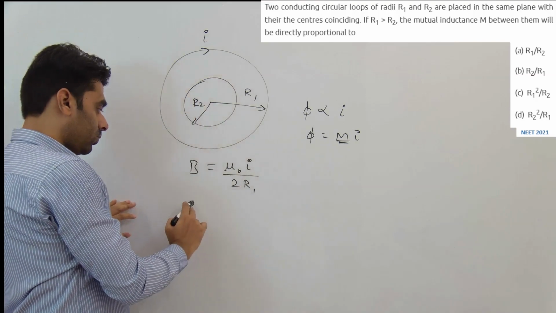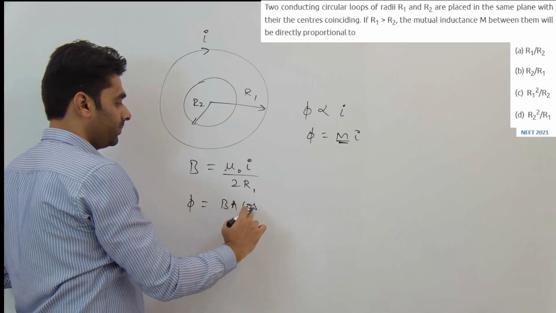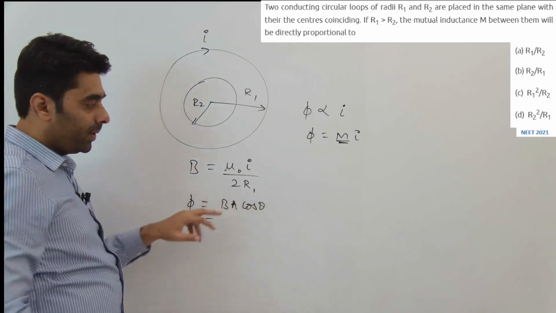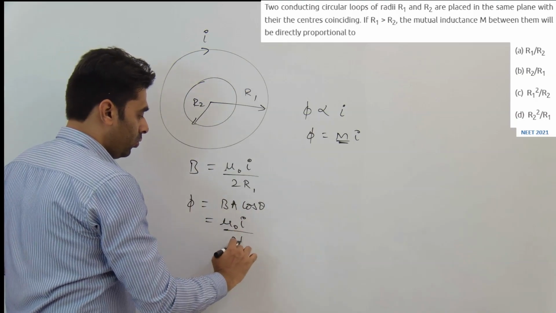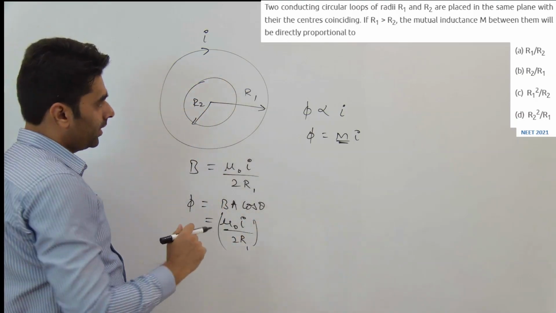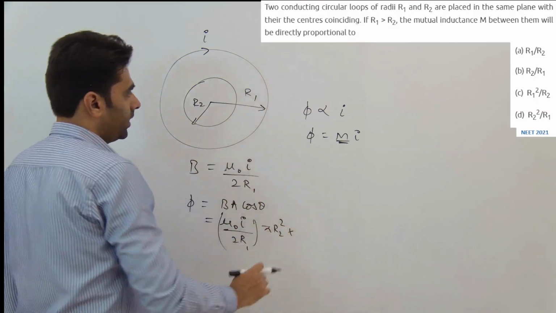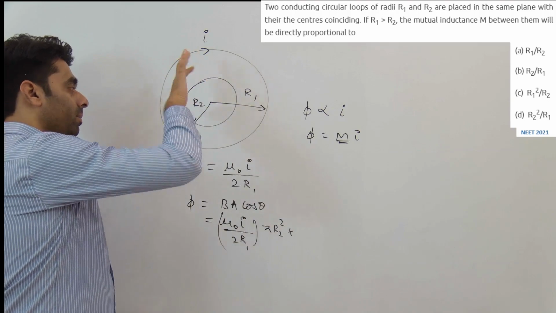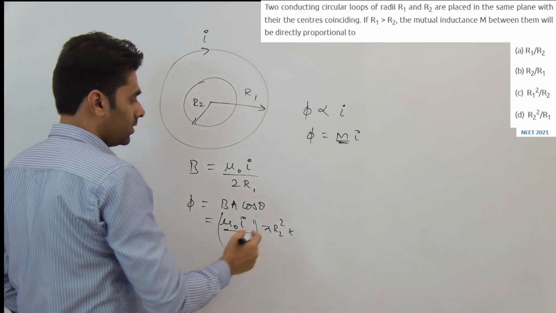The flux associated with the inner coil can be written as Φ = BA cos θ. The magnetic field B we just wrote as μ0 I by 2r1, times the cross-sectional area of the inner coil, πr2², times cos θ. The magnetic field is inward and the area vector is inward, therefore θ is 0 and cos 0 is 1.